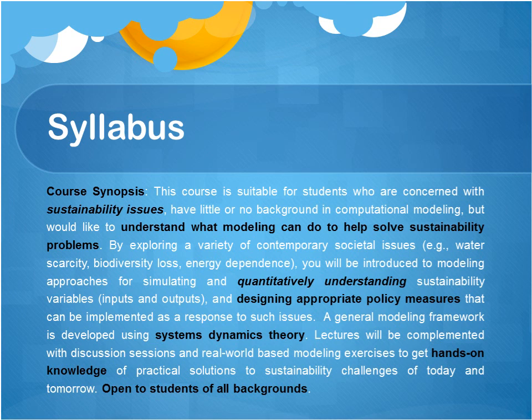One nice feature of the way I've tried to design this class is that I want to go from the modeling and from the mathematics and number crunching to really cross the bridge to designing policy measures that affect these sustainability issues. To do that, we're going to be using something that's been around for a few decades, at least in formal form, which is system dynamics or system dynamics theory.